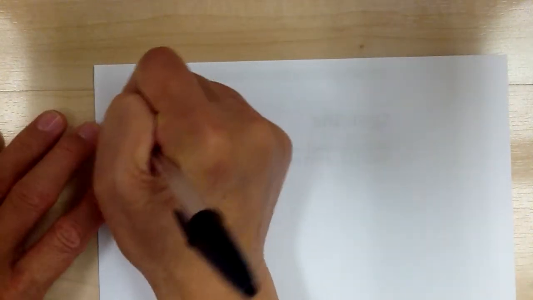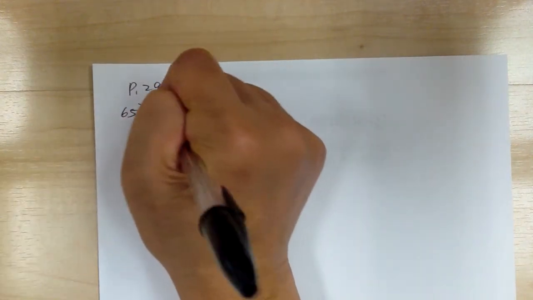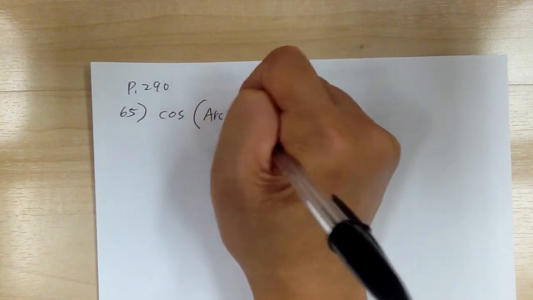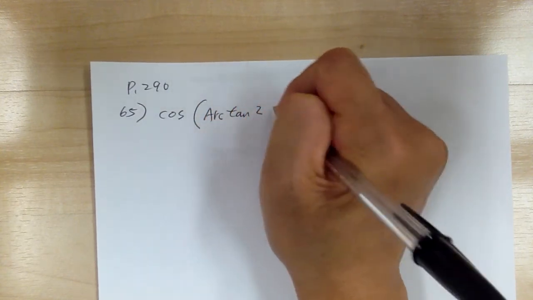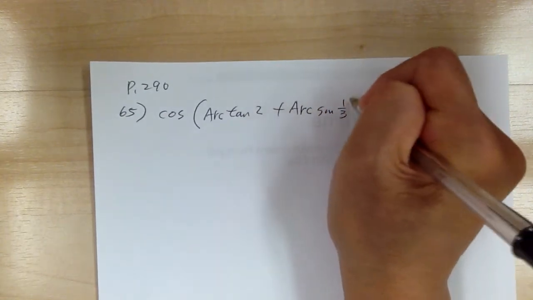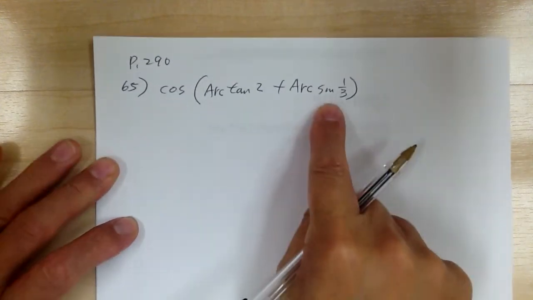Okay, let's go to 65. You have cosine of arc tangent of 2 plus arc sine of 1/3. So again, when you have inverse function, right away, that's your angle.